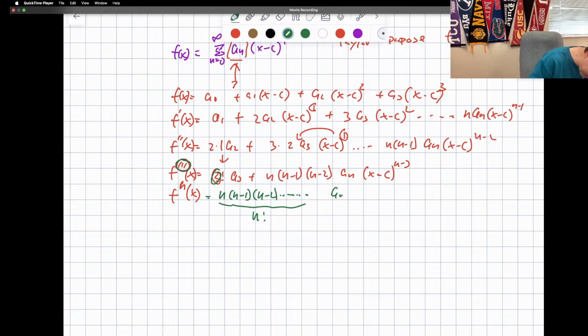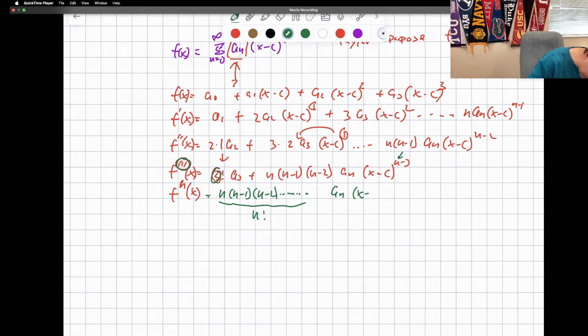But the last term is going to be x to the n. So this is the third derivative, 3 minus 3, so it'll be (x minus c) to the n minus n. What is n minus n? Zero, right? And what's anything to the 0 power? 1. So it'll be f^(n)(x), and this one is n factorial times a_n.